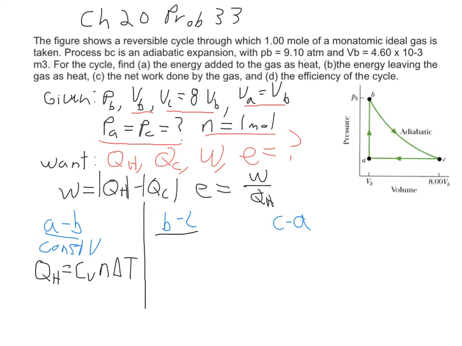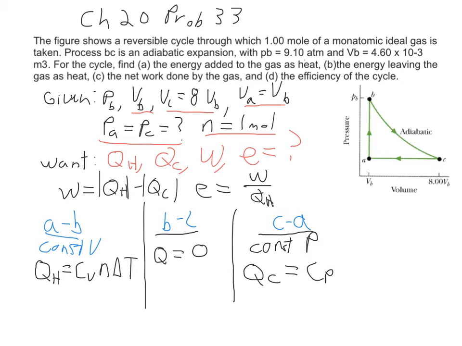Oh boy howdy, that's easy enough. We know the heat exchanged with a system during an adiabatic transition is always going to be 0. And then from C to A, we now have constant pressure. So we have an isobaric transition, and for constant pressure, our heat can be quantified as CP delta T.